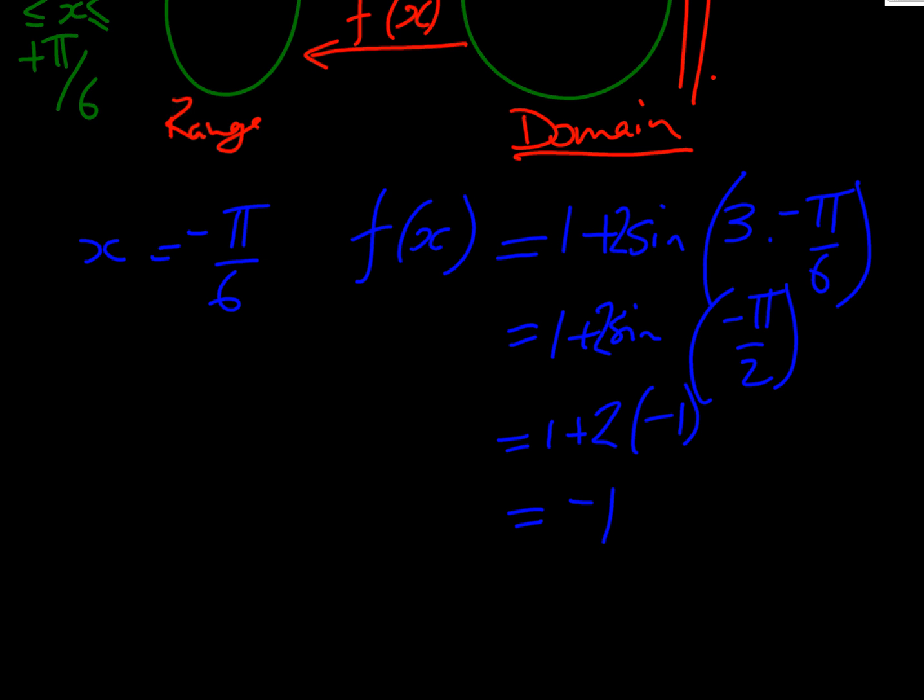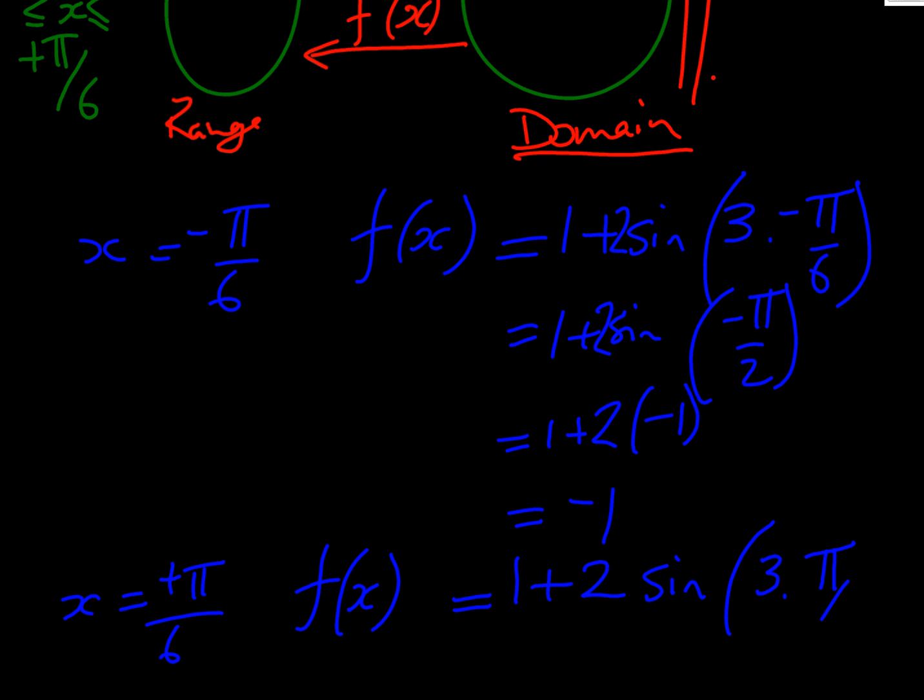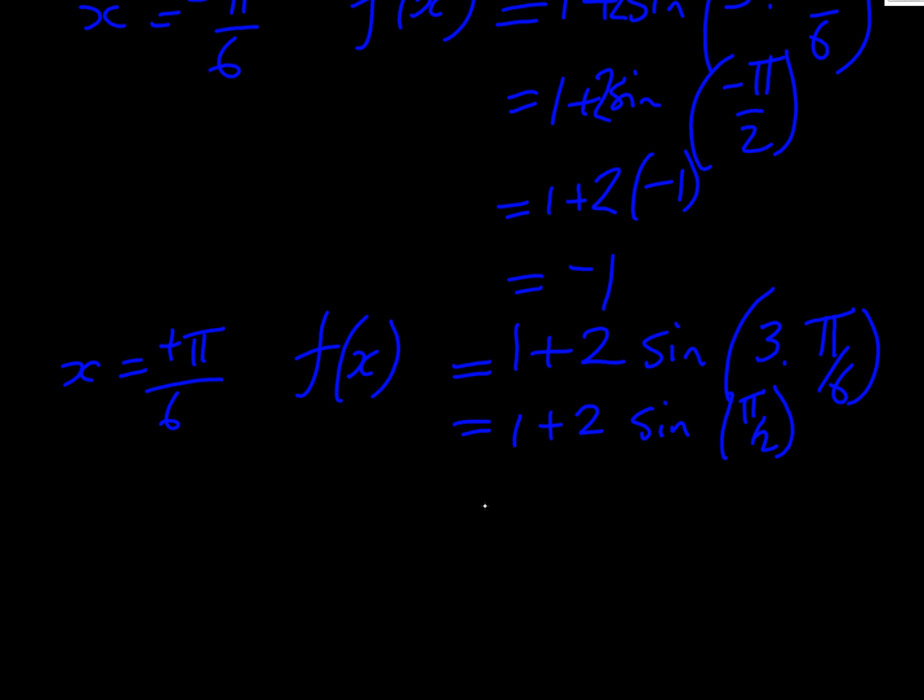Happy with that? And then our upper value. At this point it looks like an upper value, but we have to watch out that the transformation doesn't switch them. So let's just put these in. When x is pi over 6, then f of x is 1 plus 2 times the sine of 3 times pi over 6, which equals 1 plus 2 times the sine of pi over 2, and the sine of pi over 2 is 1, isn't it?